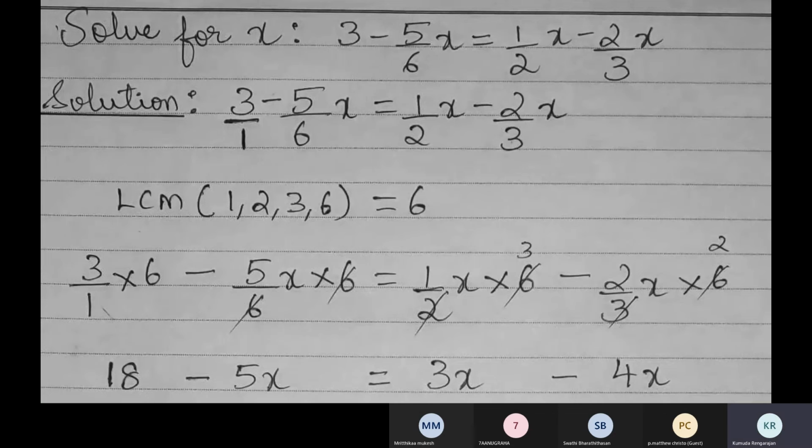In 3x, 3 is the numerical factor and x is the literal factor. Literal meaning made up of letters. Like when they are made up of integers, we say integral.